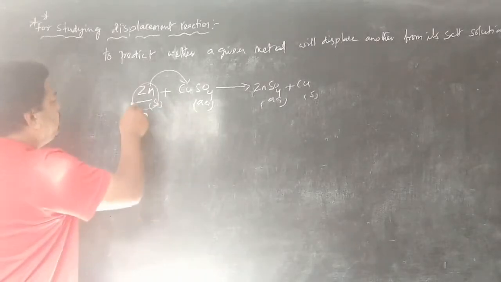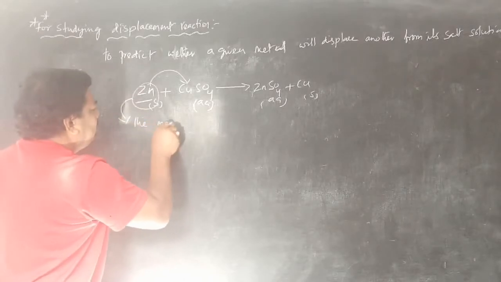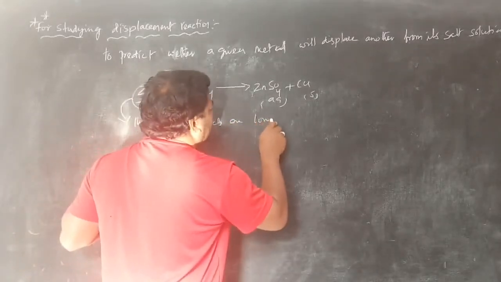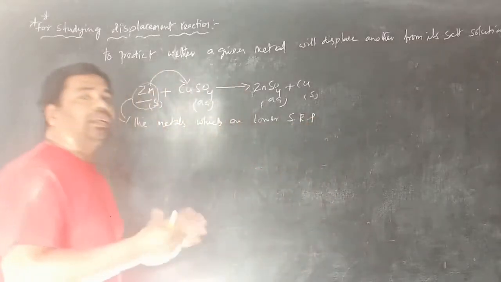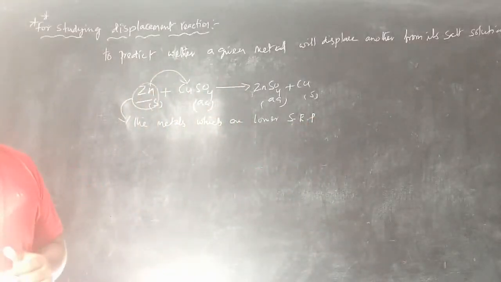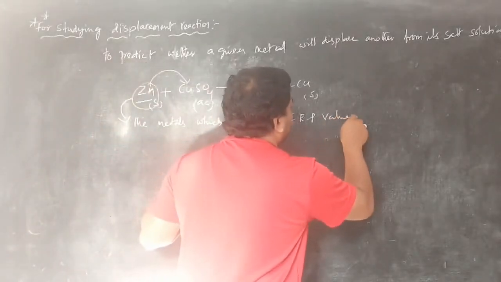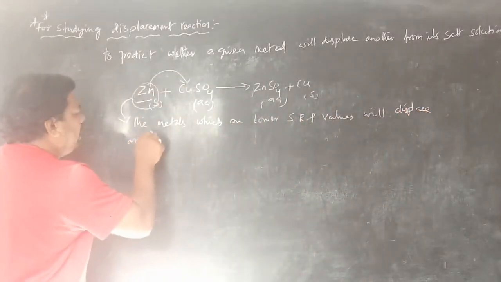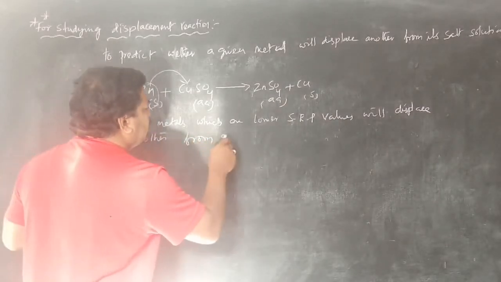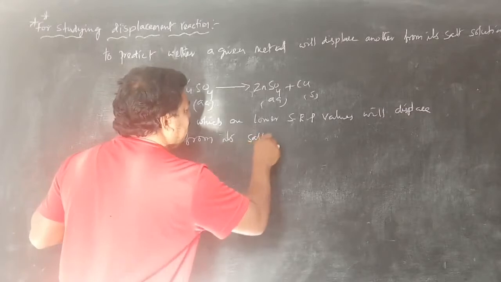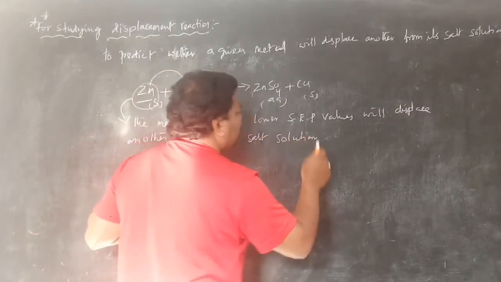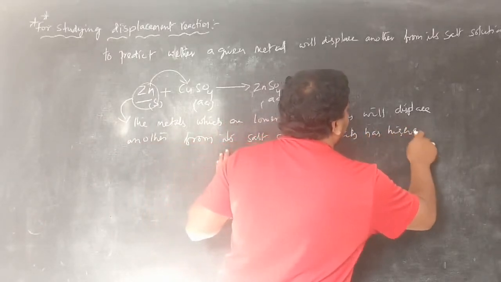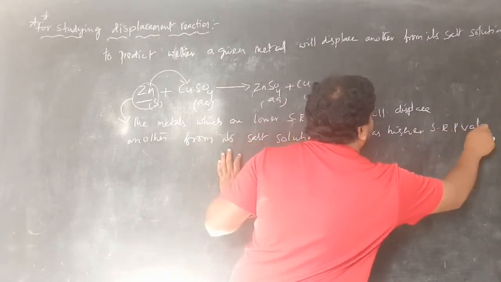The reason is that metals which have lower standard reduction potential values will displace another metal from its salt solution which has a higher SRP value.